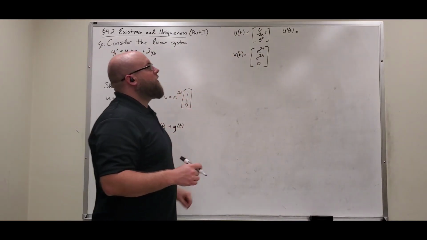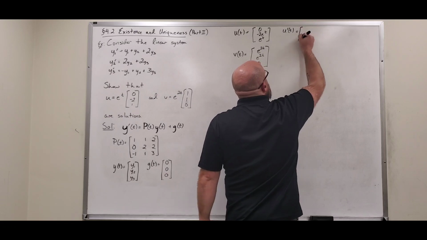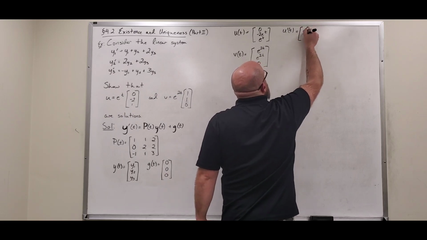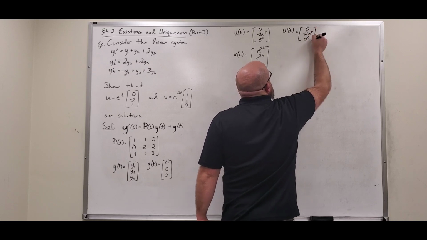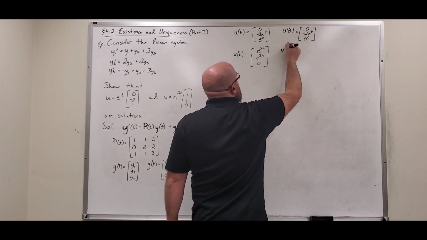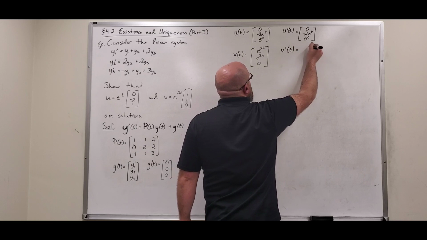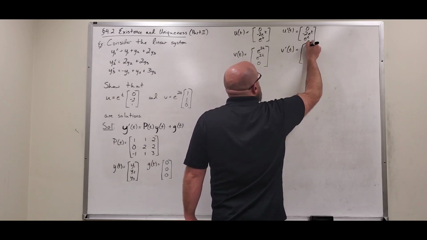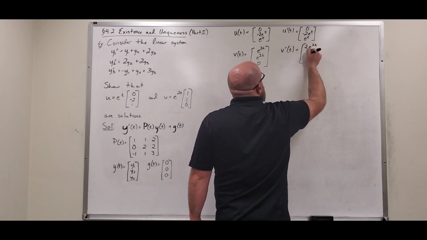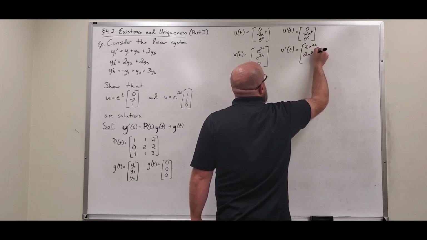So when we take the derivative, I'm going to get 0, negative 2e to the t, and e to the t. Nothing exciting there. And v prime, this one's a little bit more exciting. We get 2e to the 2t, 2e to the 2t, and 0.